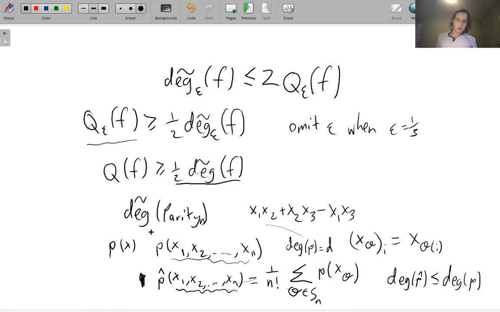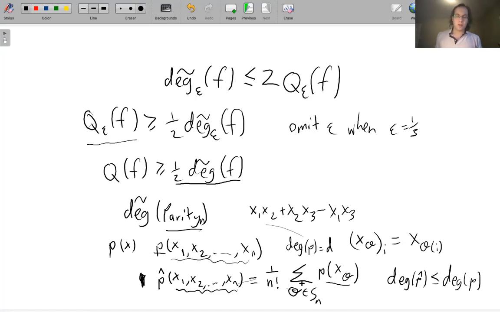Also, because the original polynomial approximated parity, if p approximates parity, then p of any permutation should also approximate parity. So p of x sigma should also approximate parity, because the parity of x and the parity of x sub sigma are the same. Parity doesn't change when you shuffle the bits.